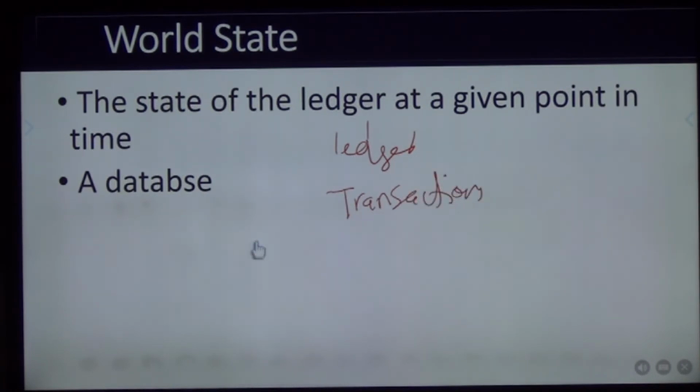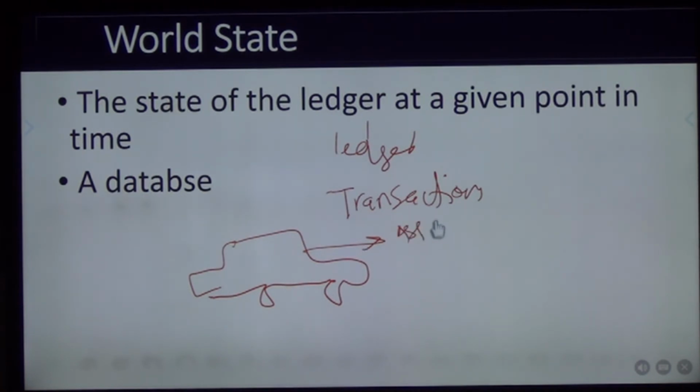For example, there is this car. The transactions are: the car comes out of the factory, it's an asset. It has some color, it has some owner, and there may be other attributes. This is a car, make and type.